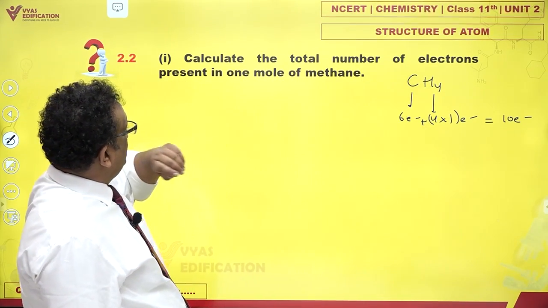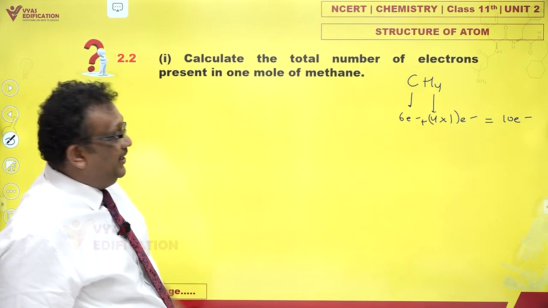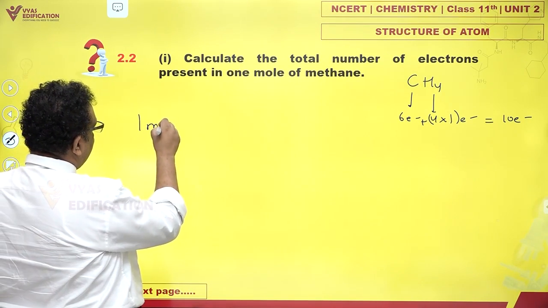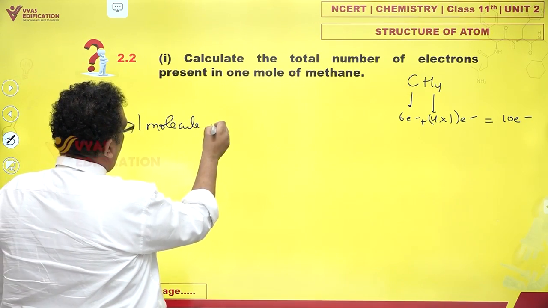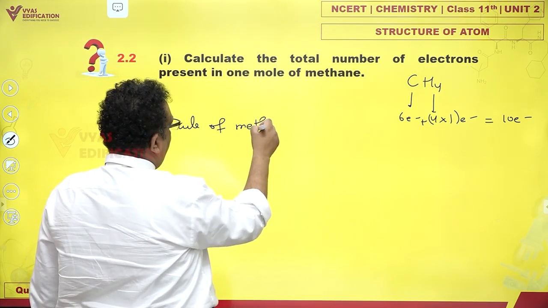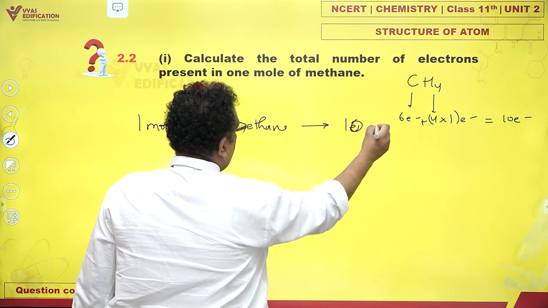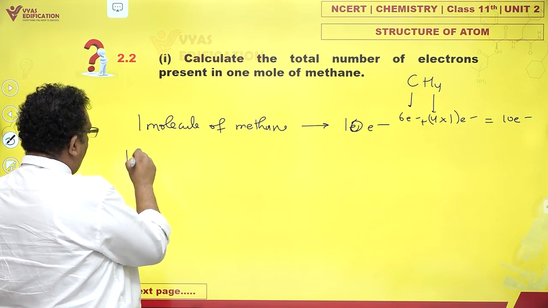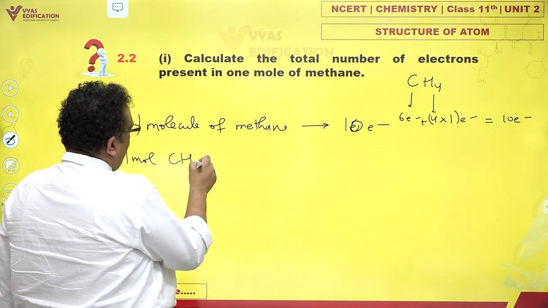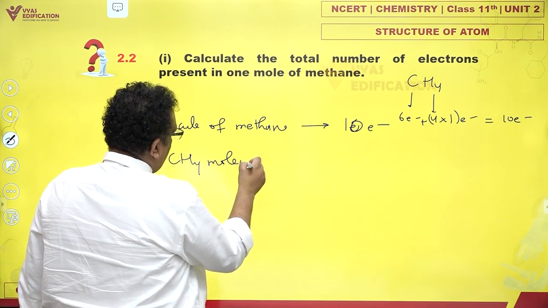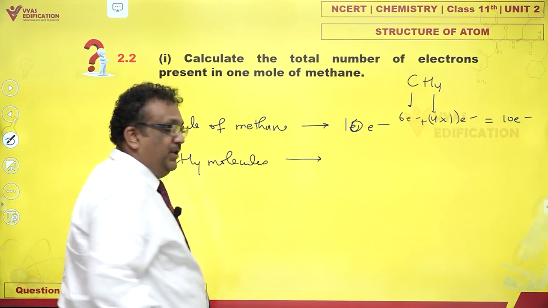Perfect. So 1 mole of methane. Now 1 molecule of methane contains 10 electrons. So 1 mole methane molecules will contain how many electrons?